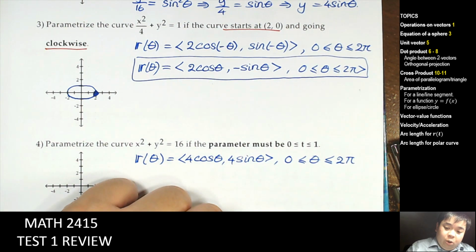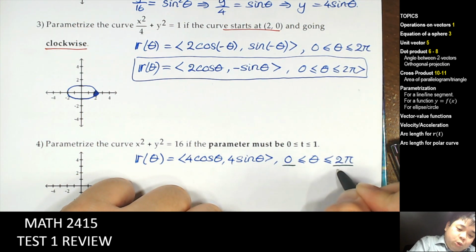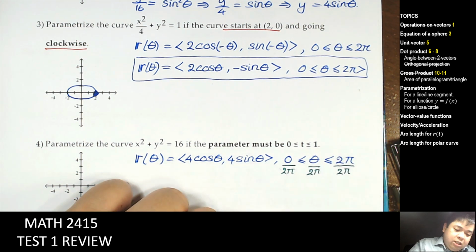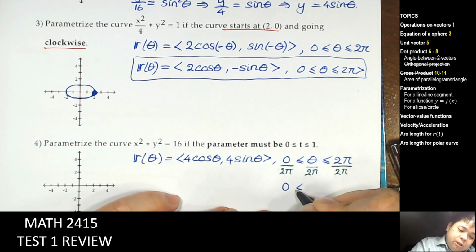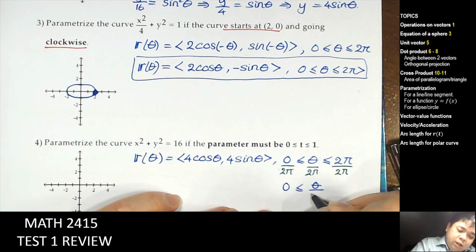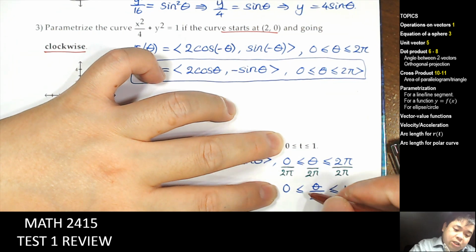So to get to 0 and 1, what we do here is, if we divide by 2 pi, it will become 1. 0 divided by anything is still 0 anyway. So that part should be easy. So we have 0, theta over 2 pi, and then 1. We have exactly 0 to 1. So this must be t.